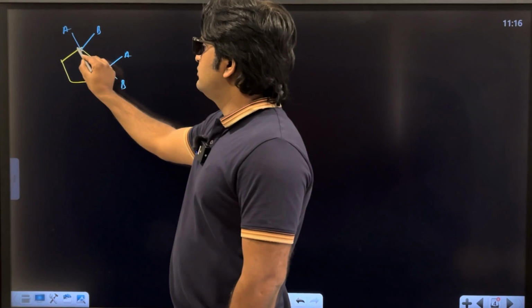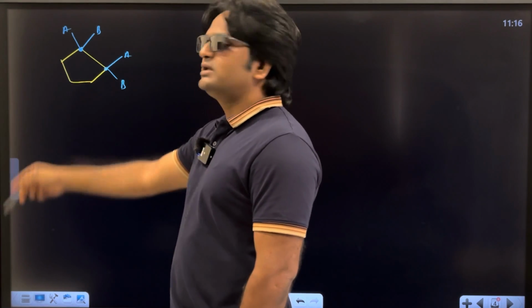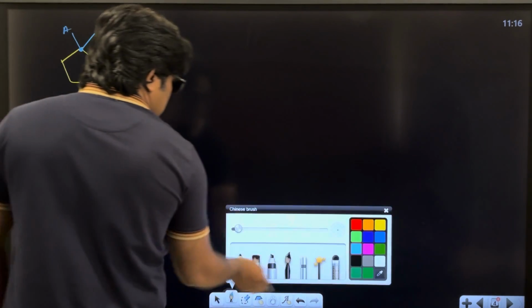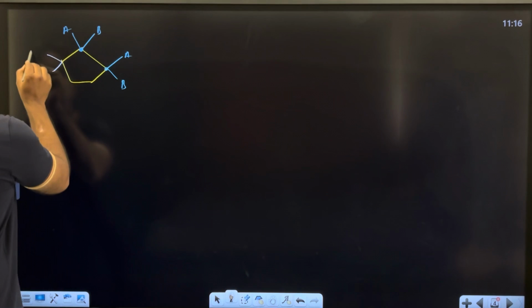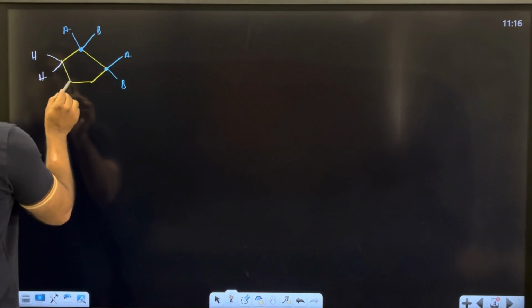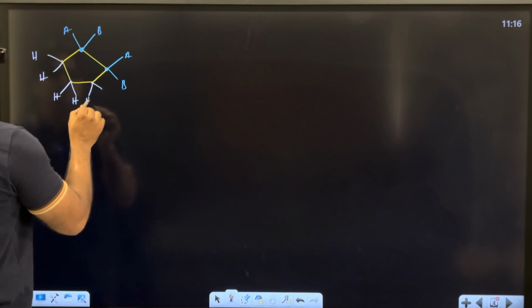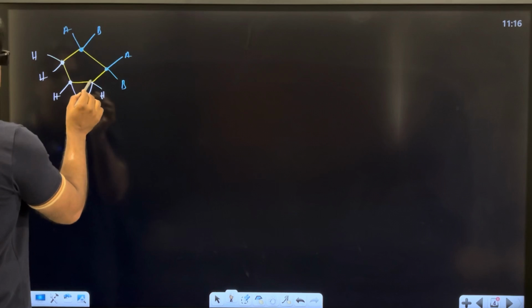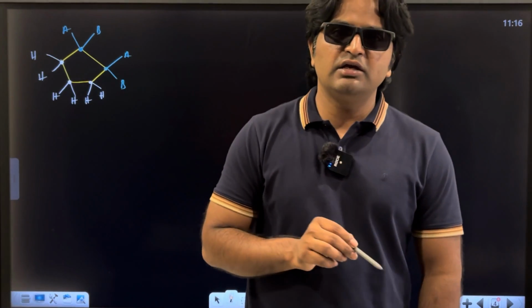Again just come to this sp3 carbon atom. Don't think about other carbon atoms. What is the reason? There are two hydrogen atoms on each carbon atom, by default. With the help of these carbon atoms we cannot produce geometrical isomerism. Why? Because there are identical groups.